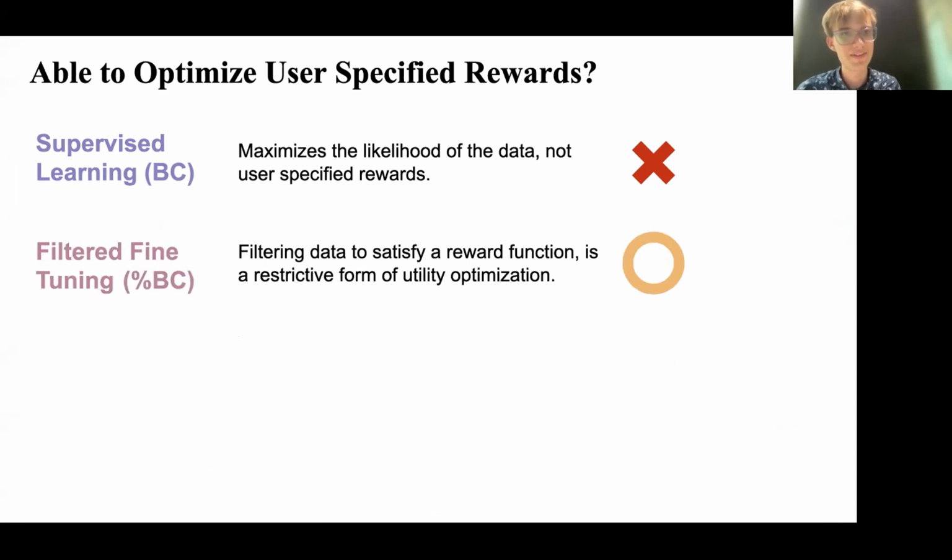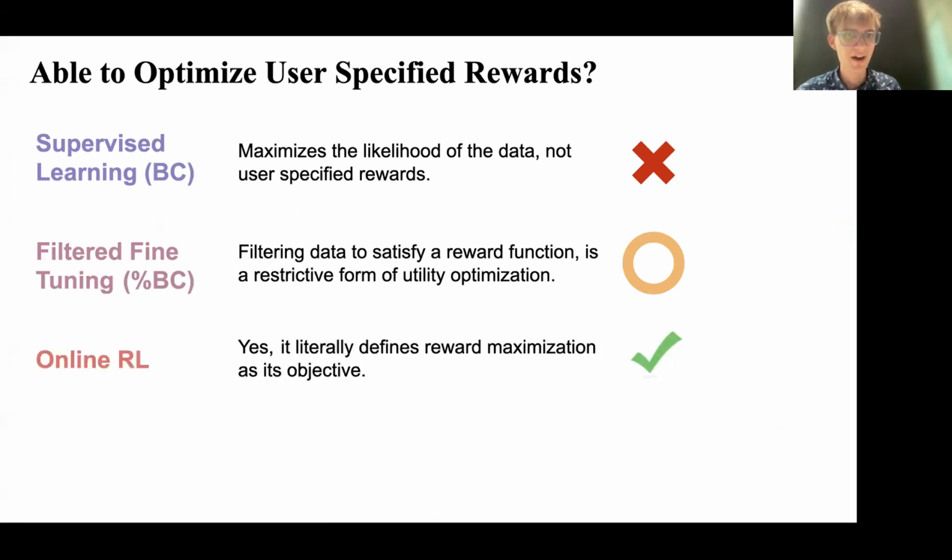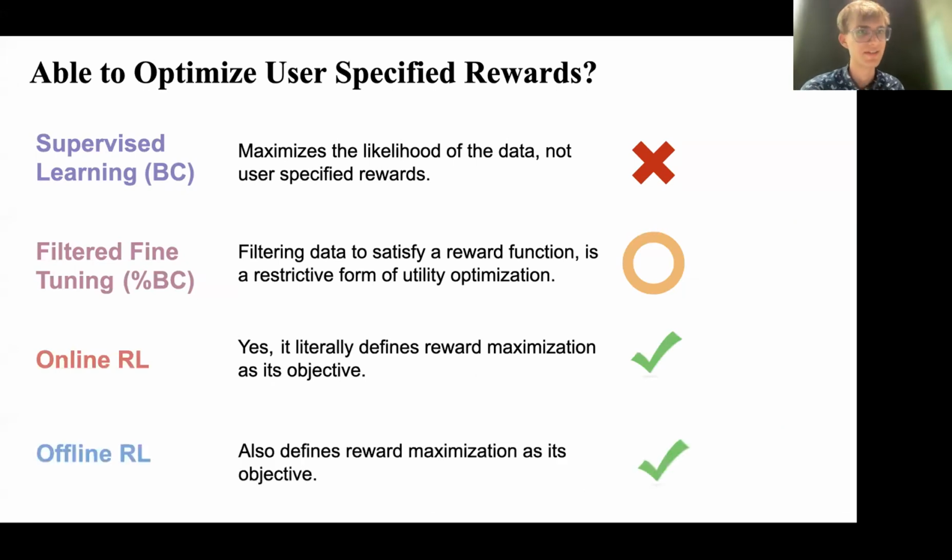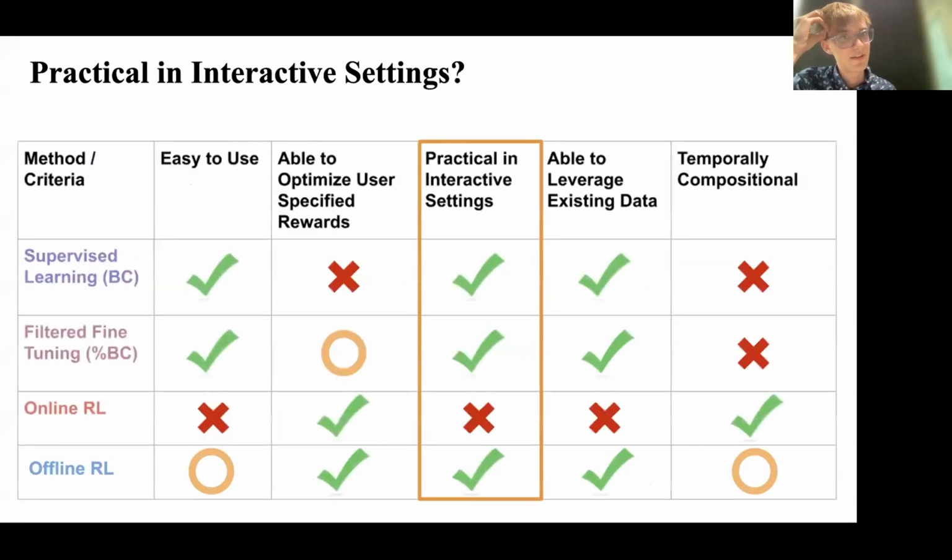If you're filtering your data to satisfy the reward function that you're defining, then it's optimizing the defined utility, but not exactly. I would give it a yellow circle. Online RL, of course, literally has as the definition of its objective to optimize a utility function. Same with offline RL.